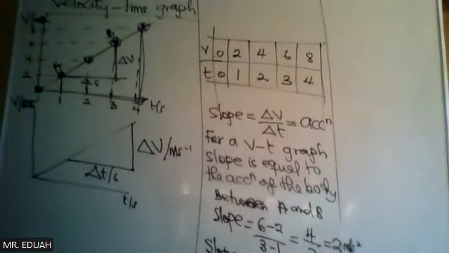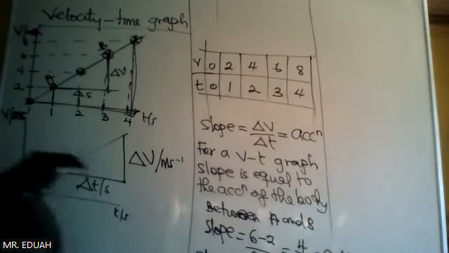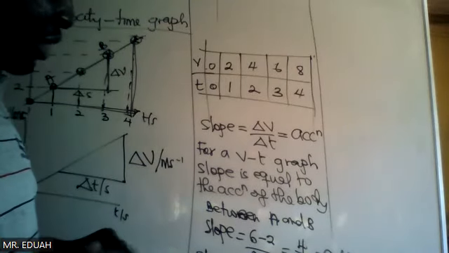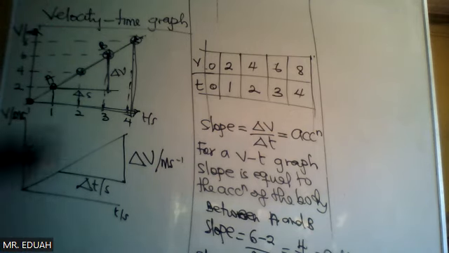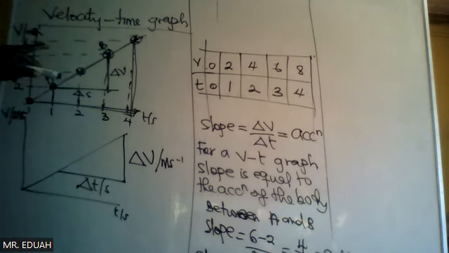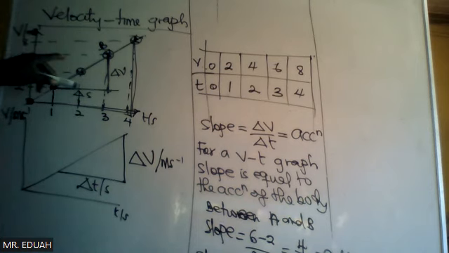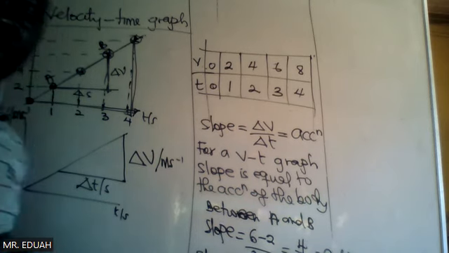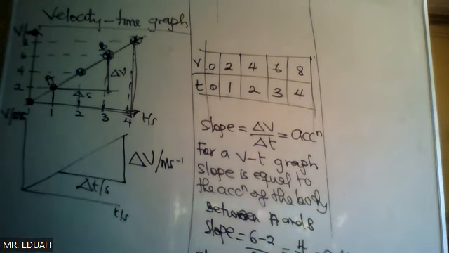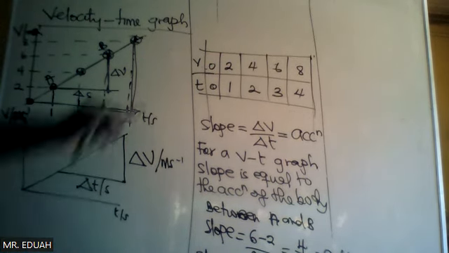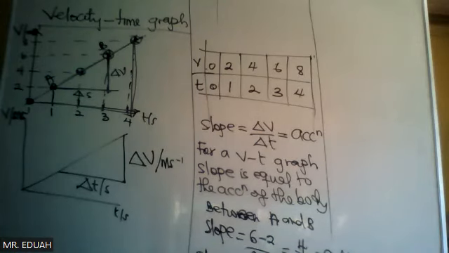So you realize that for a kind of motion whose velocity increases within equal intervals, it has a uniform slope all along.